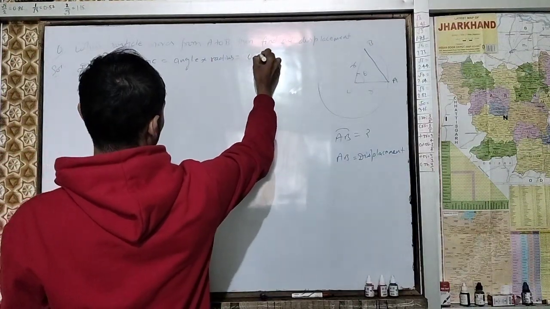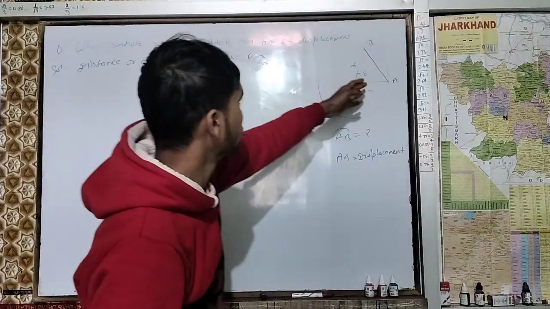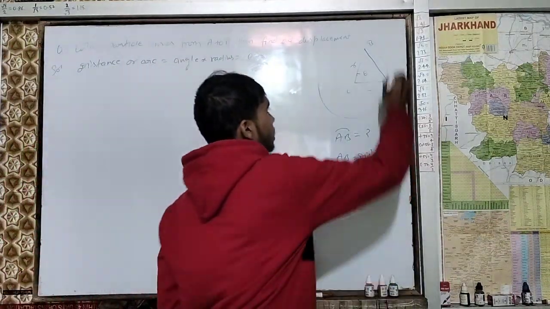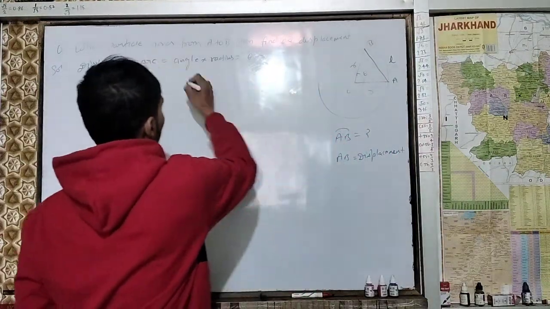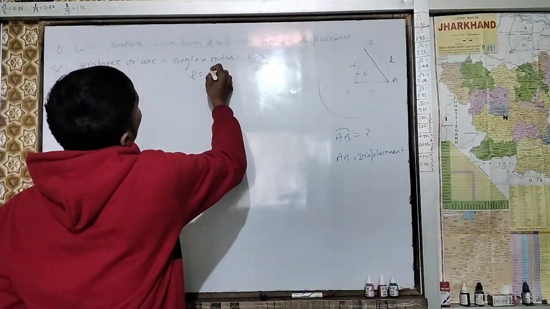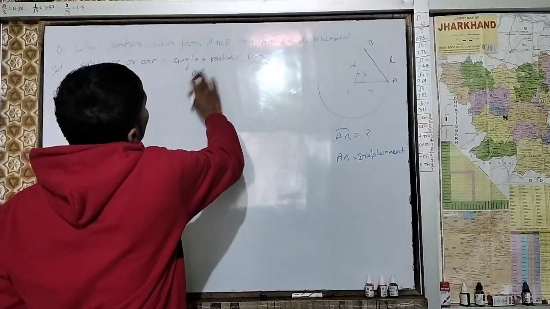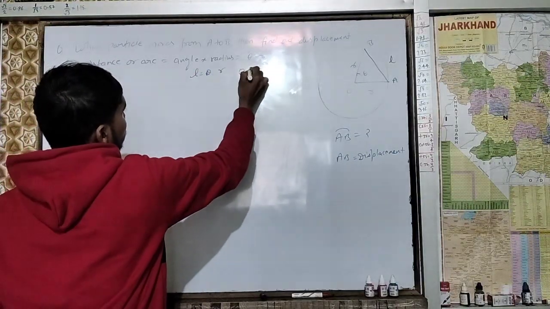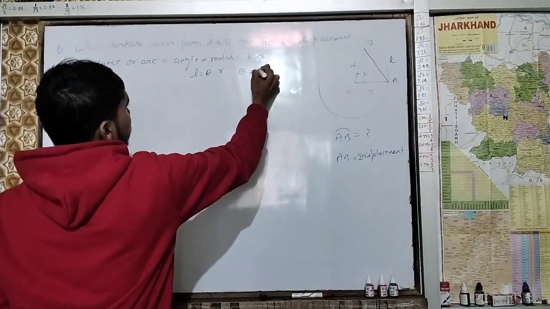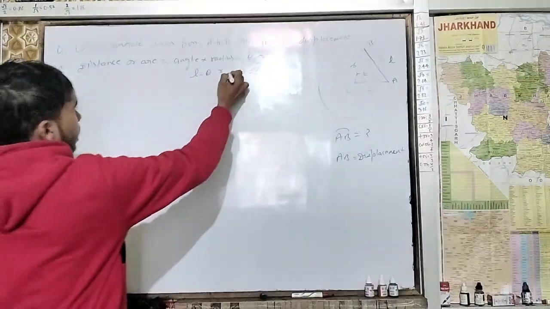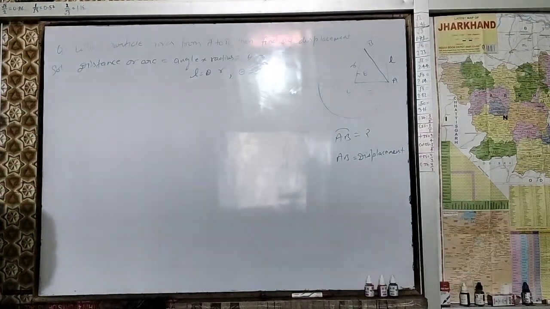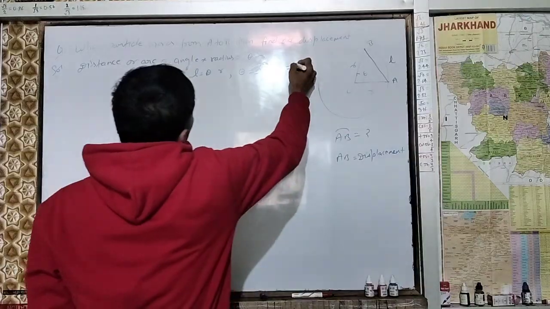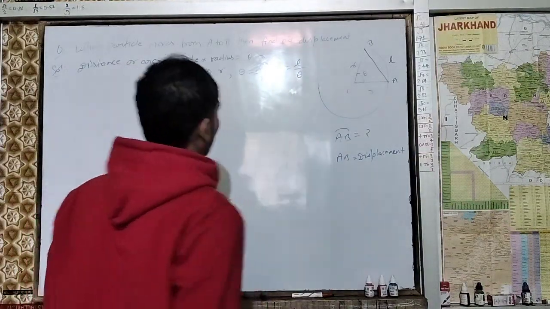So theta into r. We can consider this as L. So L will be equal to theta into r. But when it comes to theta, then L upon r. This will happen. To calculate the radius, L will stay as it is, theta will go downward.